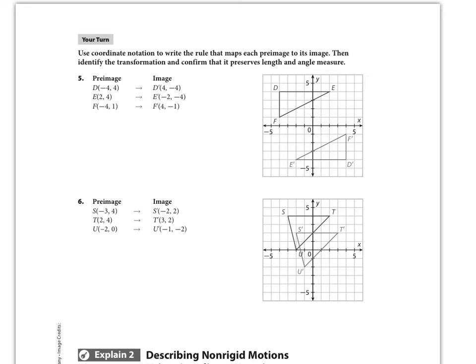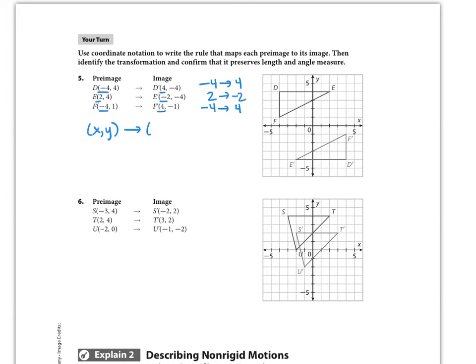So again, think about what is going on, and what might be a little easier is if we actually just look at the x's. We're going from -4 to 4, right? So -4 becomes 4. 2 becomes -2, and -4 becomes 4. Well, it looks like it's just changing signs, right? So when we're writing our rule, we start with x comma y all the time.